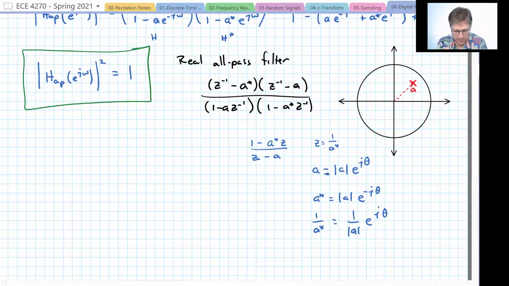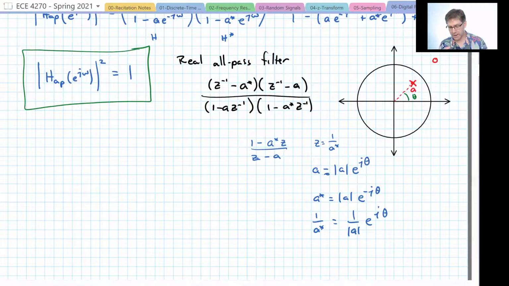It may be a little bit counterintuitive at first, but that essentially means that our zero is out here at the same angle, in this case theta, from our example below.